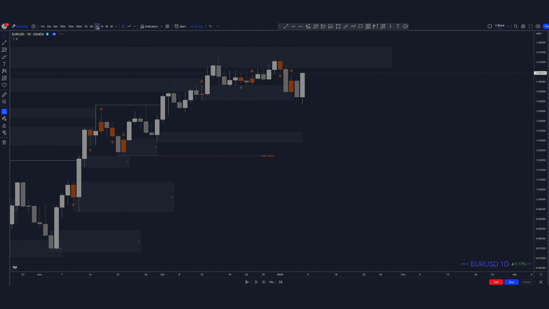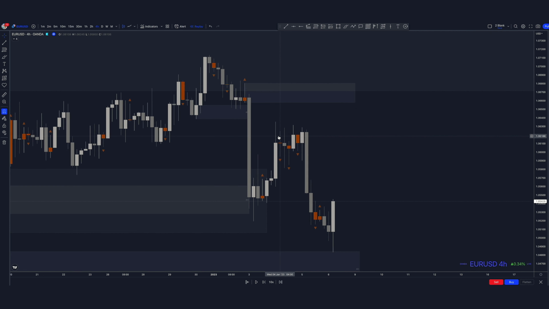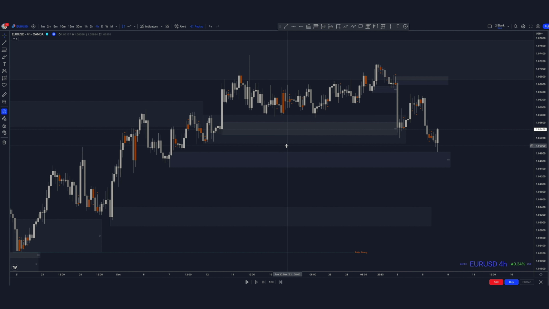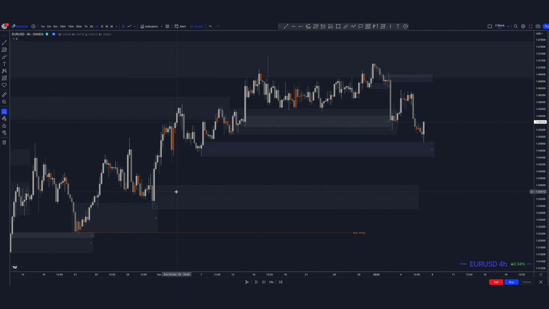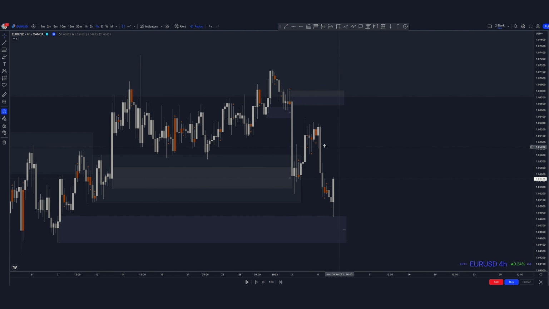So price came here. It's a little harder with the bar replay because you can't really see in real time. But we had this 4 hour here, remember? So we had this 4 hour and this 4 hour, which was the daily as well. And now price is reacting to this. So if we think about the fractal of the market, remember the fractal structure is just a little pause.